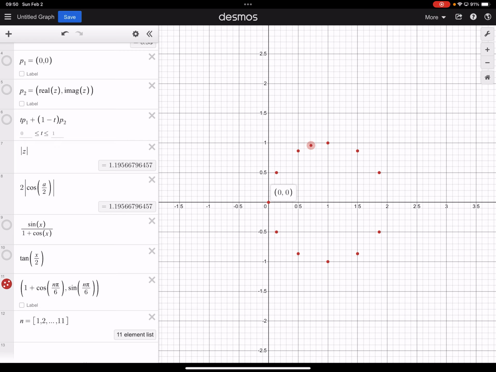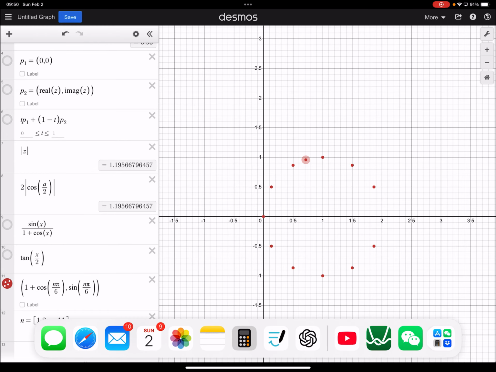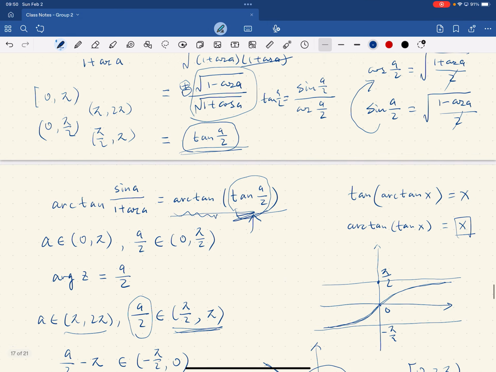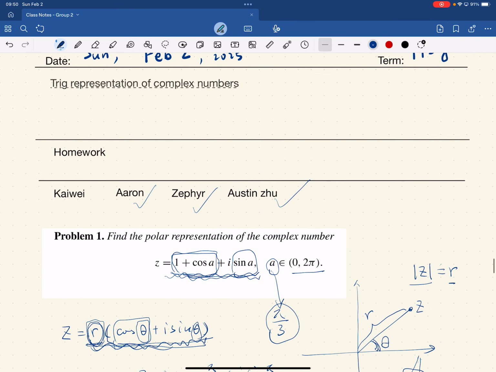Zero is the only exception. Everything else we can represent. Because 2 pi is not included, but 0 is included, it's that whole circle, but 0 and 2 pi are not included in it, as you can see from here.